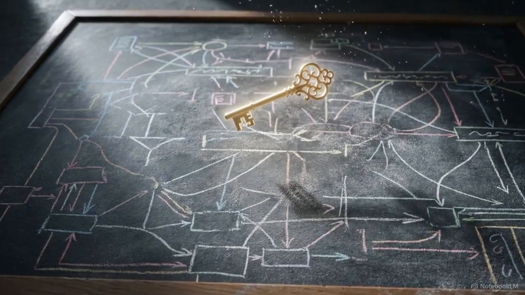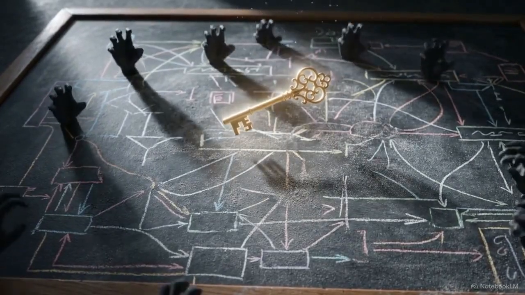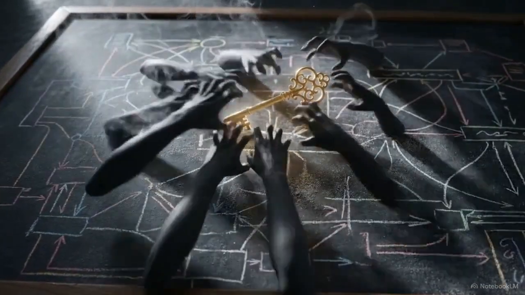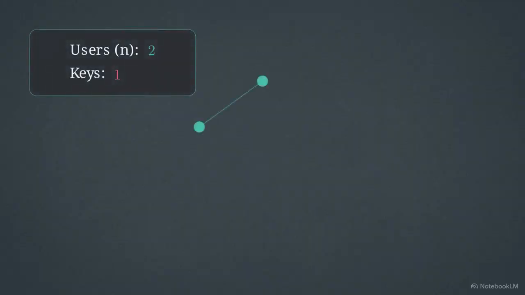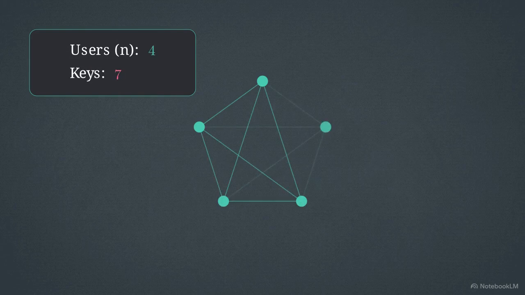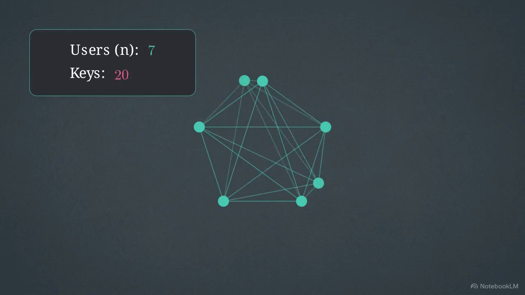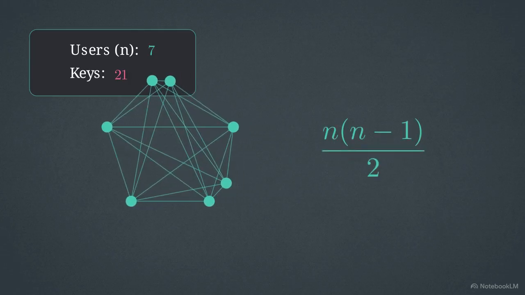To share a secret key securely, you must already have a secure channel. But you cannot establish that channel until you have shared the key. This graph demonstrates the mathematical reality of key distribution in open networks. Every unique pair of communicating entities requires a distinct shared key to maintain confidentiality. The formula governing this growth is n times n-1 divided by 2.